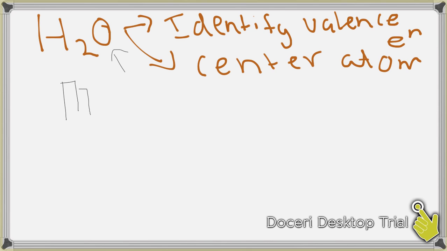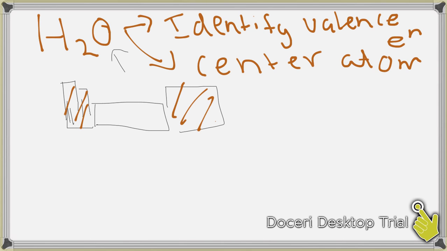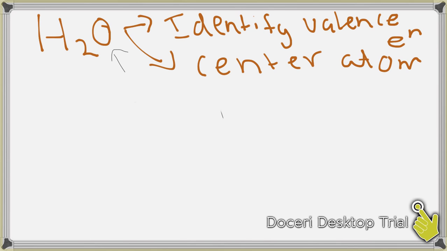Hydrogen has 1, and you have 2 hydrogens, so 1 times 2 plus 6, you have 8 valence electrons.